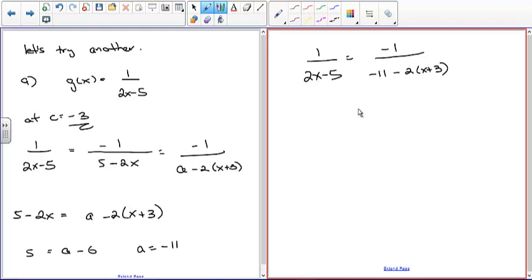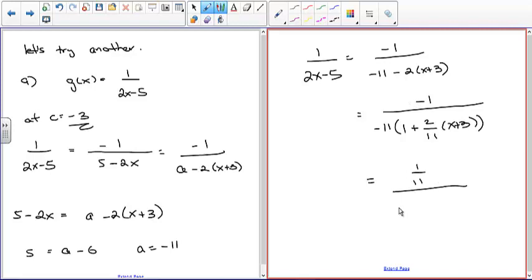And then finally what I have to do is factor out 11, or -11 I guess. So I'm going to factor out -11 in the denominator. So that'll be 1 plus 2 over 11 times x plus 3. So that's the denominator. And the numerator I have -1. The negatives cancel out, so it's really 1/11 divided by 1.